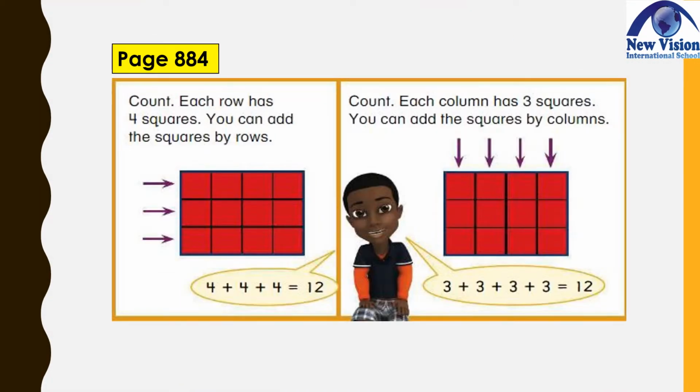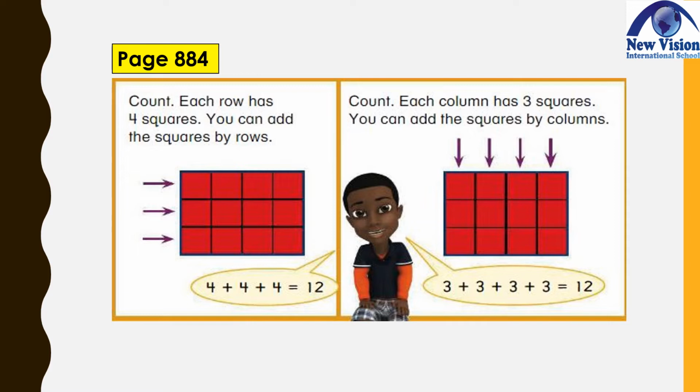Each row has 4 squares. How many squares are in each row? There are 4. How many rows are there? There are 3. We can add the squares by rows. So we have 4 plus 4 plus 4.